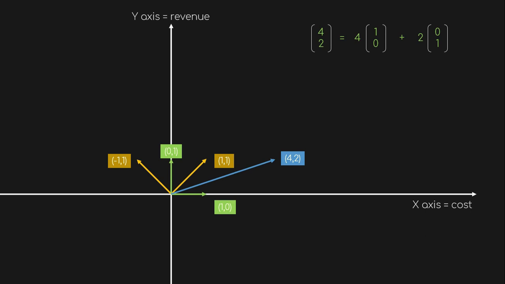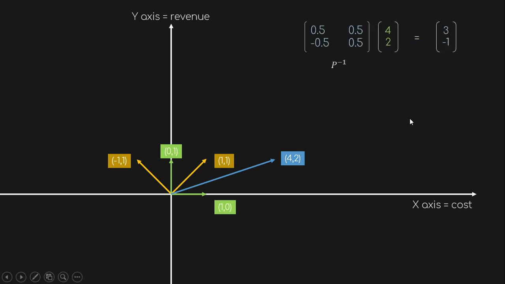Now I claimed that the P inverse matrix will convert this coordinate system and map it to the eigenvectors. So let's multiply that P inverse matrix with this coordinate, and it gives me a new coordinate 3, minus 1. If you go along this vector 3 times and then go along this line minus 1 times, which means the opposite direction, you will reach here.